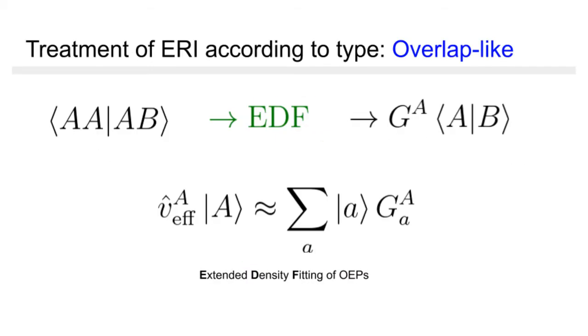The first type is the least approximate way to represent through one-electron potentials, that is, the overlap-like electron repulsion integrals. Conventional density-fitting method can be used to convert these electron repulsion integrals into inexpensive contractions of constant matrices and one-electron overlap integrals.